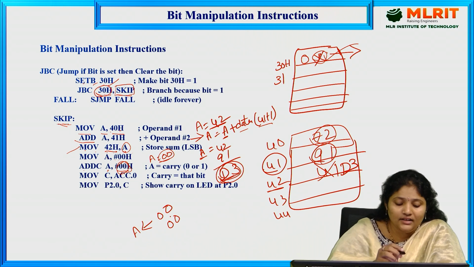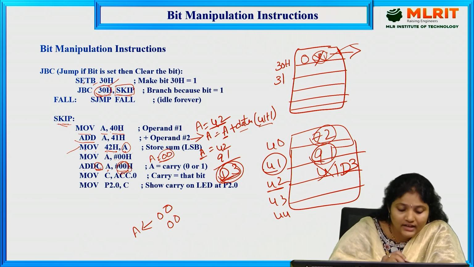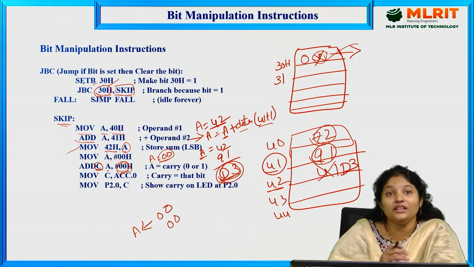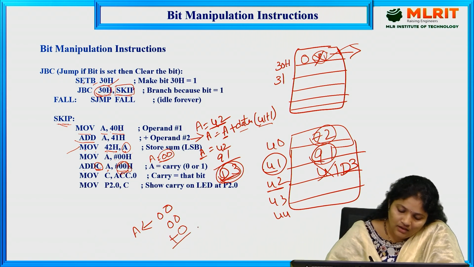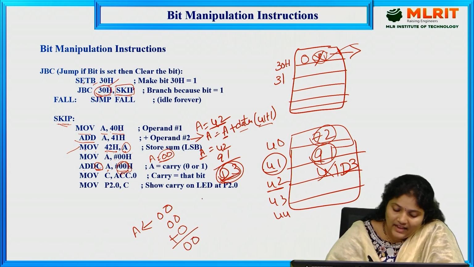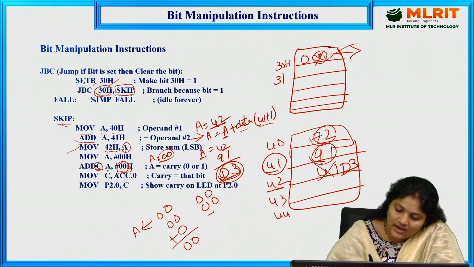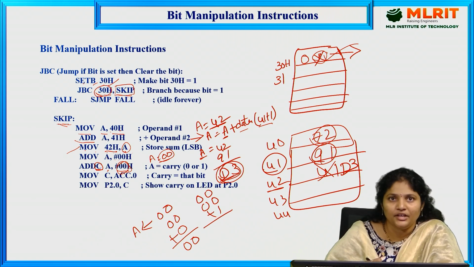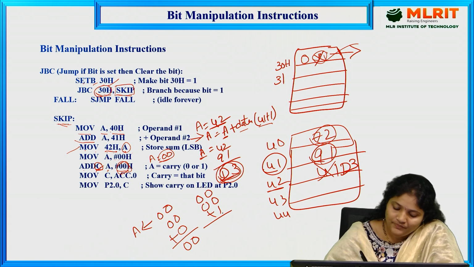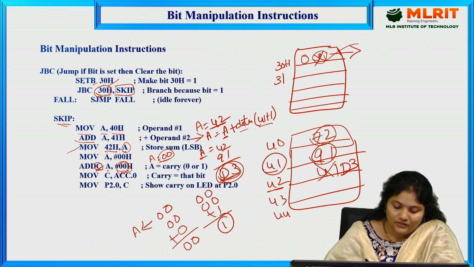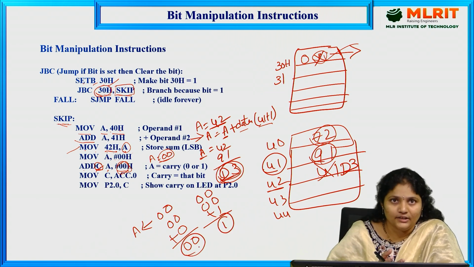But the thing here is we need to use arithmetic addition using carry. So if the carry is 0, then the output will be 0. If the carry is 1, we need to add the carry to this arithmetic operation because we have mentioned add with carry over here. So it will become 1. It totally depends upon the carry.